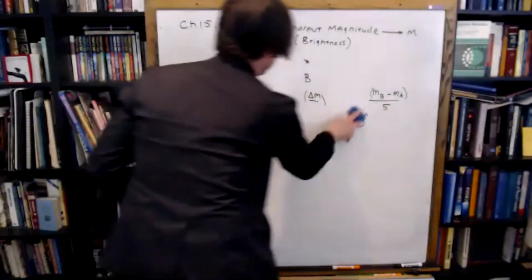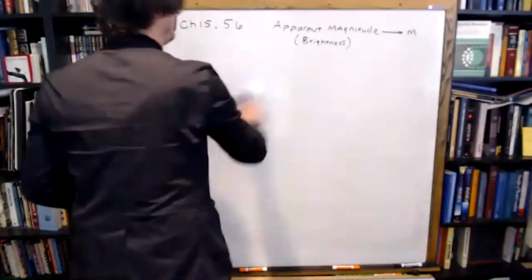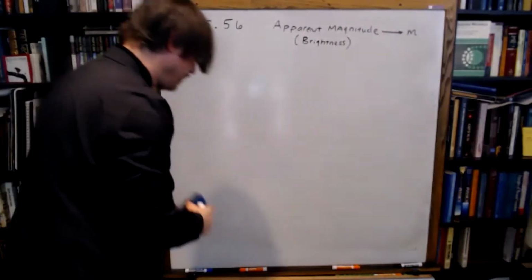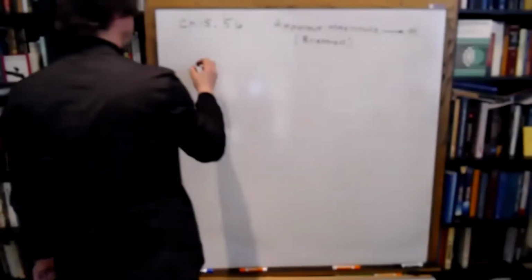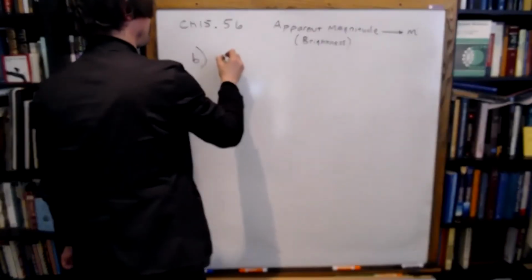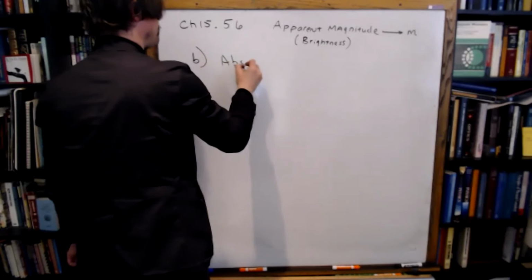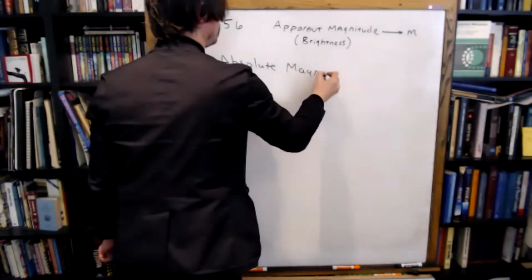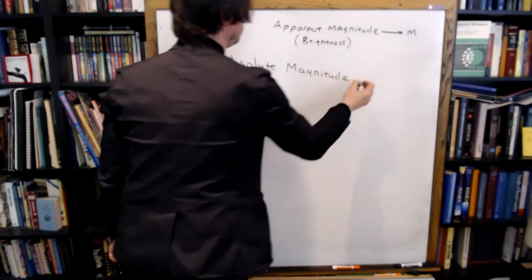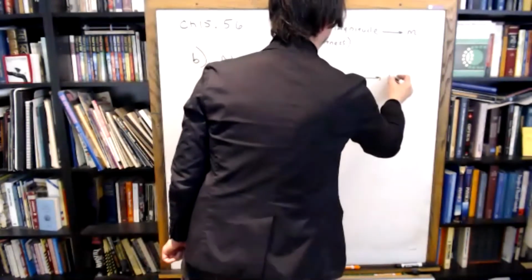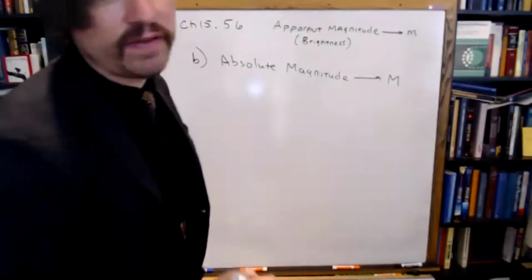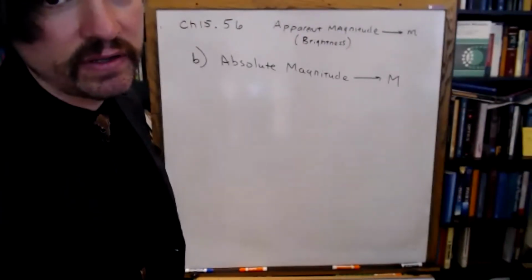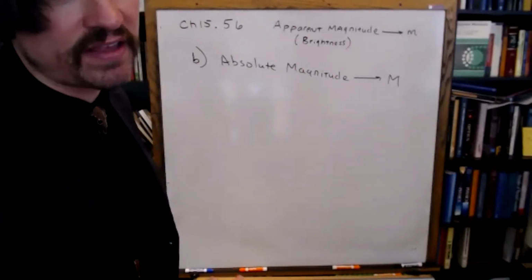All right. Next up, we're going to do something called absolute magnitude. Absolute magnitude gets a capital M. It's kind of like apparent magnitude, but they all have the same distance.